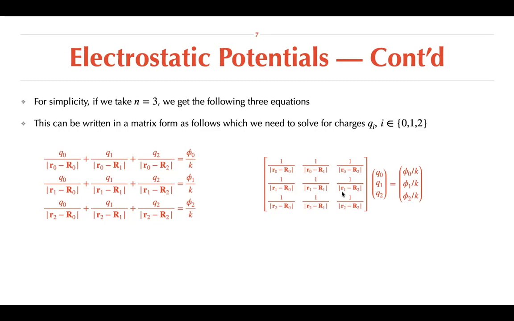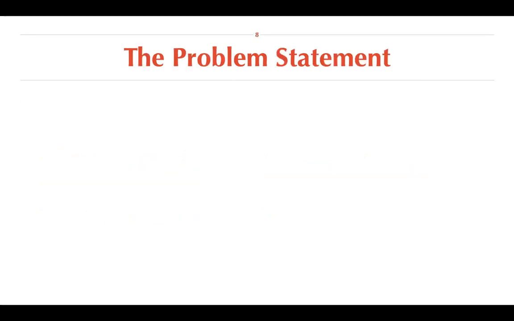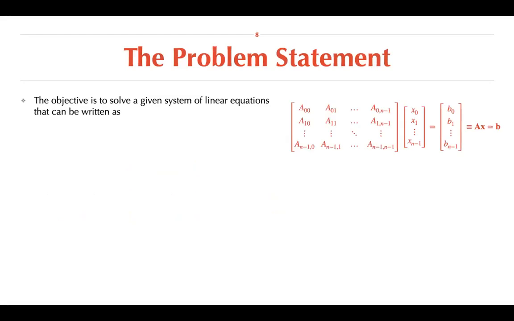In those cases, you will need numerical methods, which I will talk about today. Now the problem statement is that we want to solve this system of equations. Let's say you know all these coefficients. This matrix is known as the coefficient matrix, and this is the vector b, which you already know, but the unknown is the vector x, with components x0, x1, and so on. You write this system in short form as this.